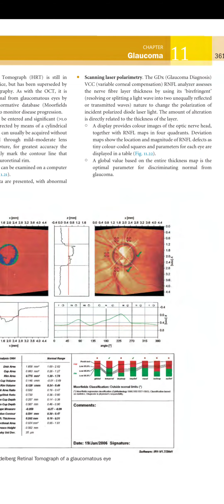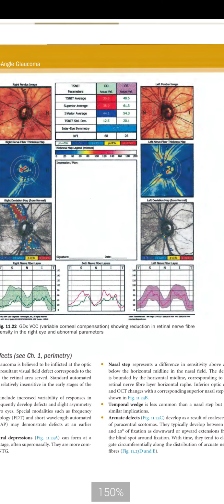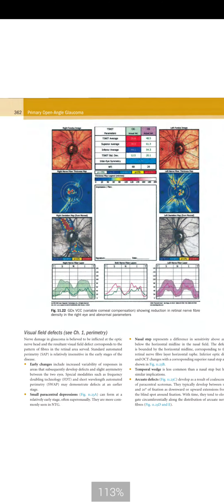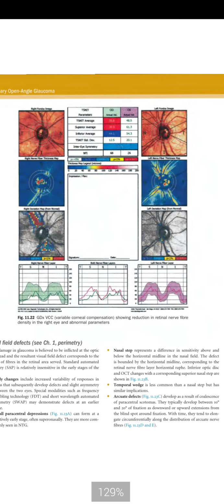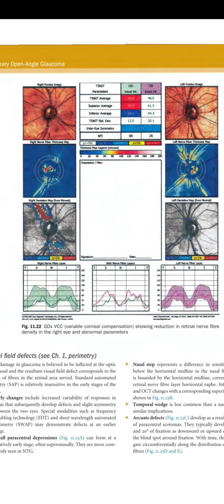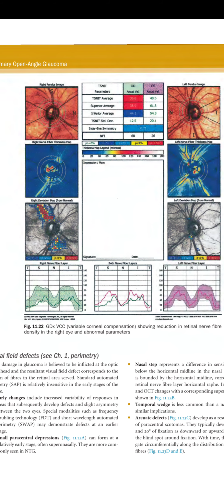A display provides a color image of the optic nerve head together with an RNFL map in the four quadrants. The deviation map shows the location and magnitude of the RNFL defect as tiny color-coded squares, and parameters for each eye are displayed in a table. So this is a GDx variable corneal compensation showing reduction in the retinal nerve fiber density in the right eye, and abnormal parameters.